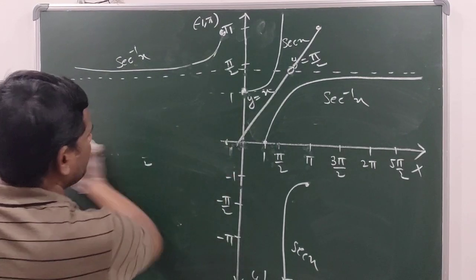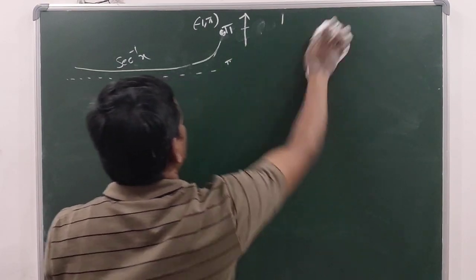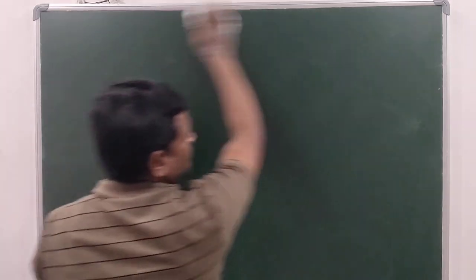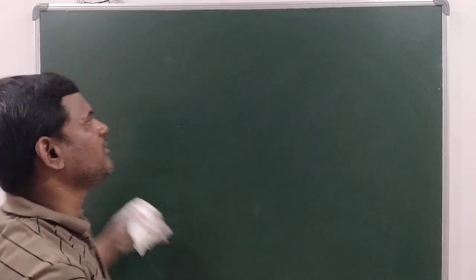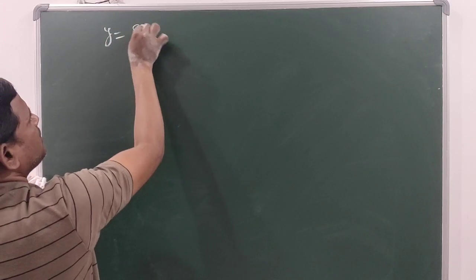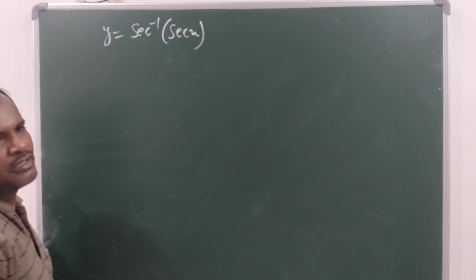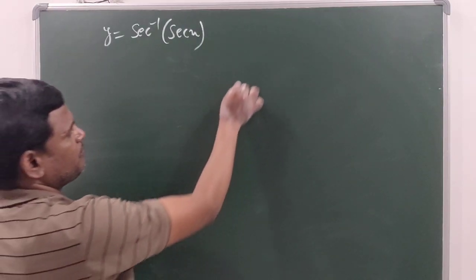Now let us go to the secant of secant inverse of x graph. Secant of secant inverse of x graph is the same as the cos of cos inverse of x graph, students. Now secant inverse of secant x. Now observe whose graph.